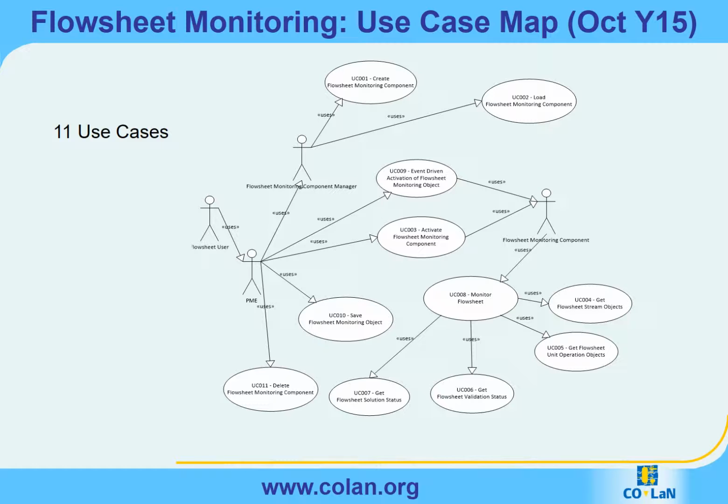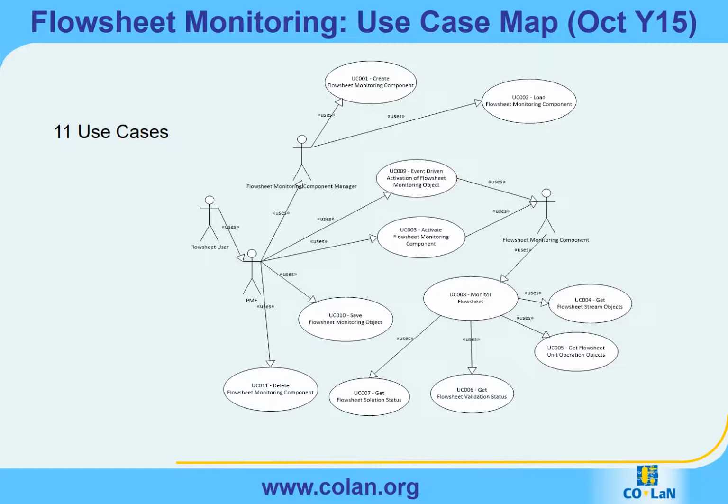Here is the use case map for the Flowsheet monitoring. We have the Flowsheet user and the PME. The Flowsheet user tells the PME to do certain things: create the component, load or restore from persistence, along with event-driven activation or user-invoked implementation of the component.